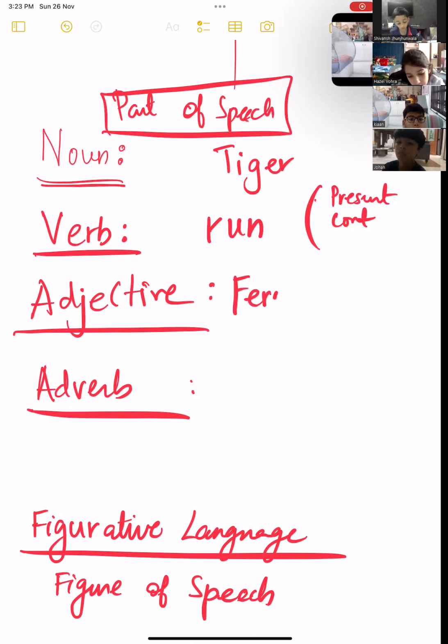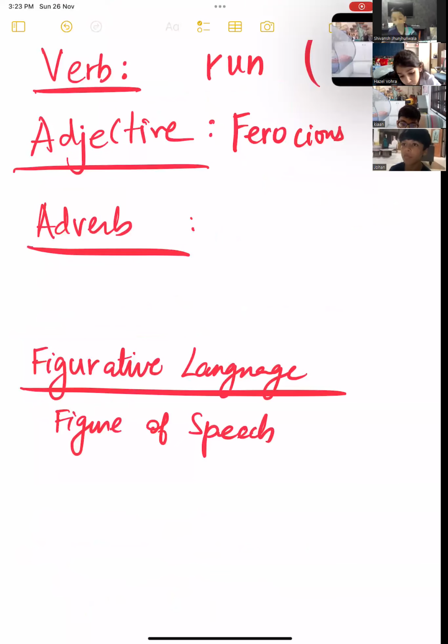Now, ferocious tiger. But Kian, now I am telling you that we have to work on figurative speech, and the first figure of speech that we should think about is alliteration. Whenever you describe your character, try to make it alliterated. Like the adjective and the noun, both should start with the same sound.